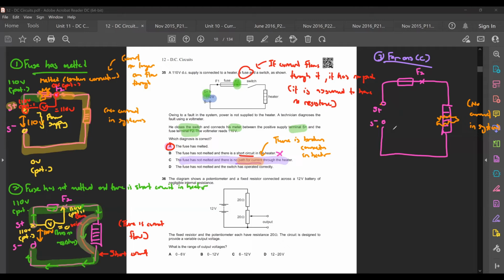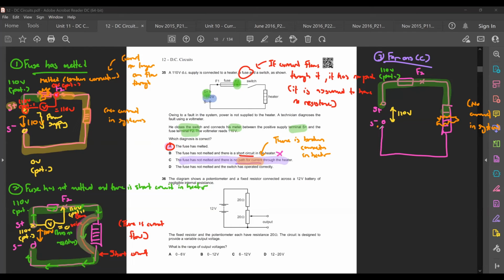So no current. Okay. Now from here, if you just look at the potentials again, I know that this one here is 110 volts, the EMF or the PD. But if I just look at the values of potential here all the way to here, this one will just be 110 volts potential.